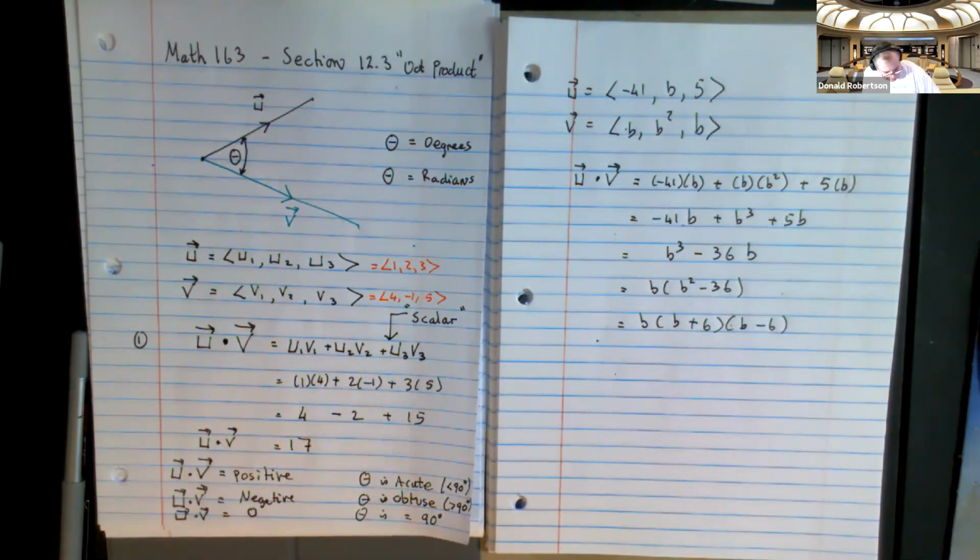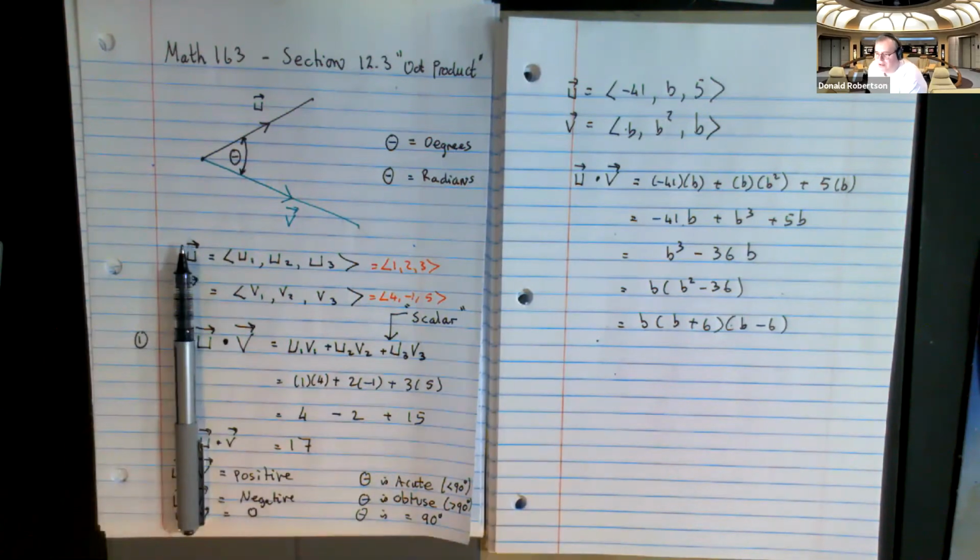Why is this version going to be nice? If the dot product is 0, what do we know about the angle between the two vectors? It's 90. So that must mean there's only certain values of b where these two vectors will end up being 90 degrees apart.